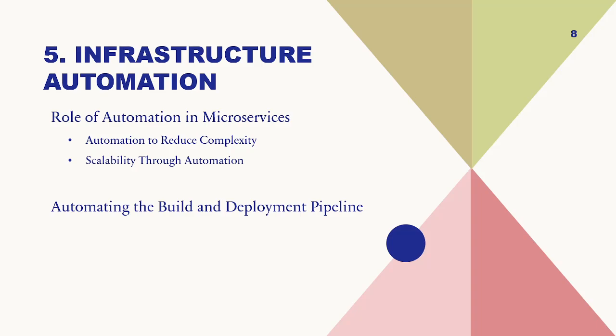Let's look at the stages and how each can be automated. There are multiple stages such as code, build, test, and deploy. In code, developers commit changes to a repository. In build, the code is compiled and packaged automatically. In test, automated tests ensure the new code doesn't introduce issues. And in deploy, the service is deployed to the production environment.